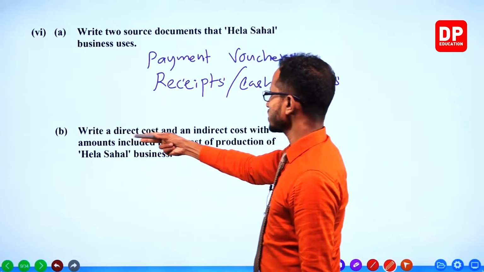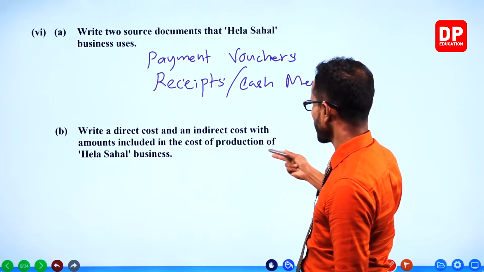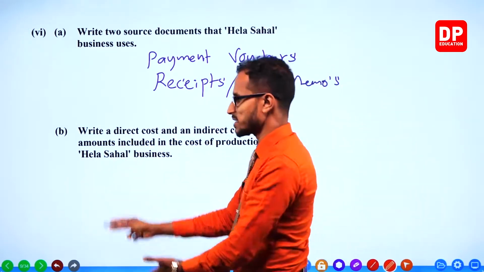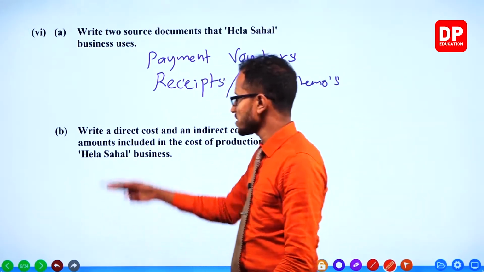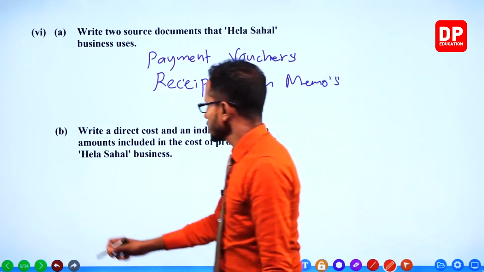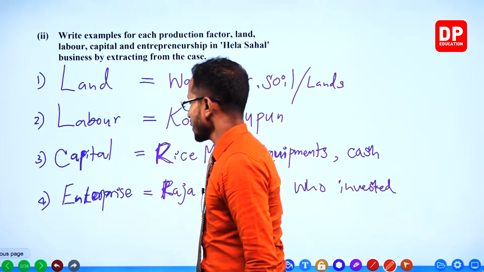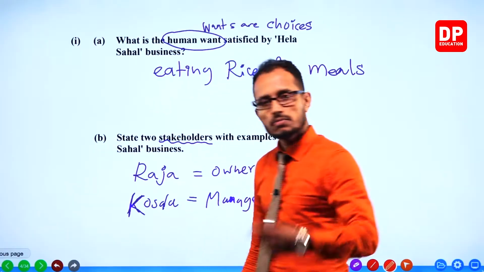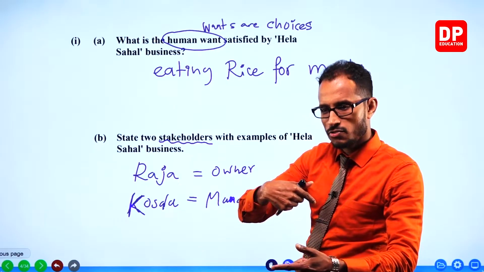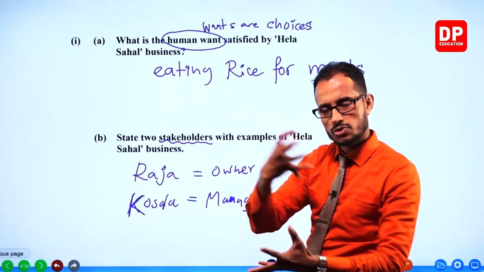Write a direct cost and an indirect cost with amounts included in the cost of production. Again, you have to look at the transactions, because they're asking direct costs and indirect costs. What is a direct cost? Direct materials, direct labor, paying for the materials which are mainly used to produce your product.